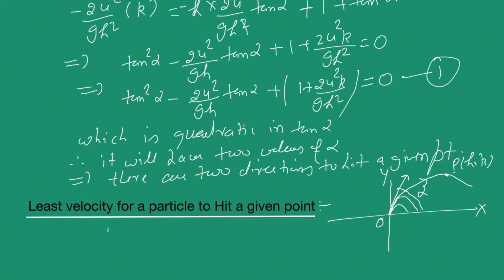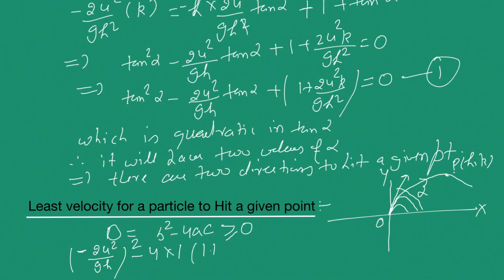We know that the discriminant is b square minus 4ac, which should be greater than or equal to 0. Now from equation number 1, we take the values of a, b and c. So b will be minus 2u square by gh, whole square, minus 4 into 1 into (1 plus 2u square k by gh square), should be greater than or equal to 0.